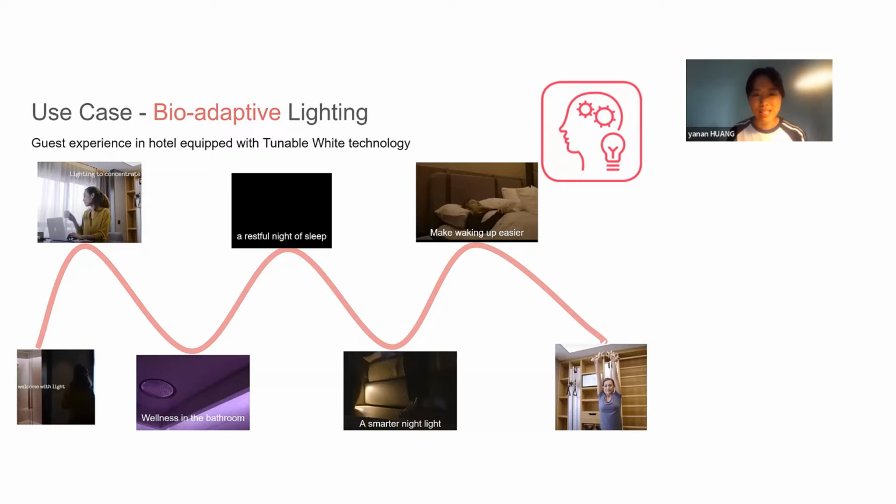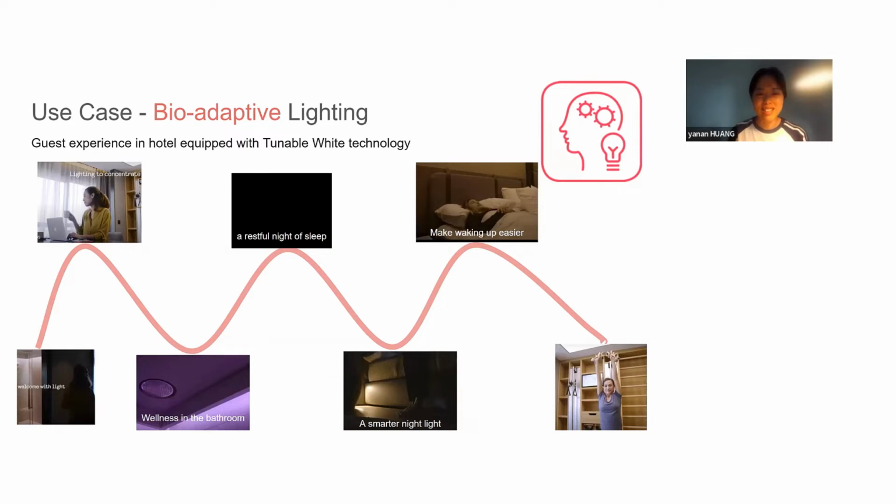This hotel is equipped with tunable white technology, and the intelligently adjustable lighting system can have multiple usage modes. When the guest pushes the door in, the lights automatically turn on to give a warm welcome.